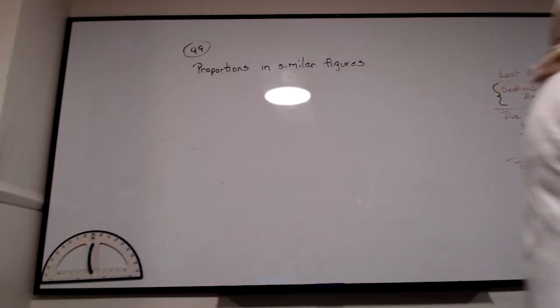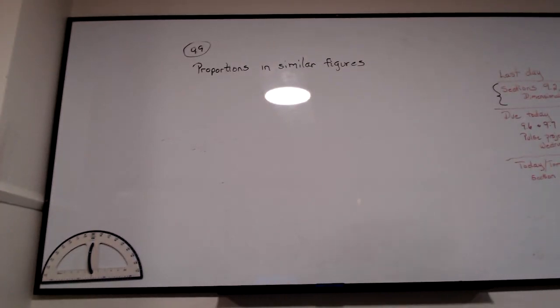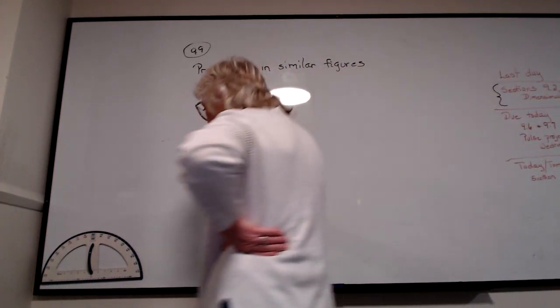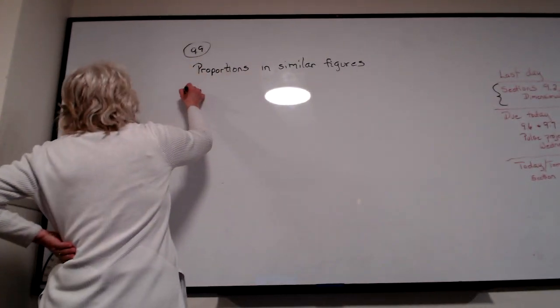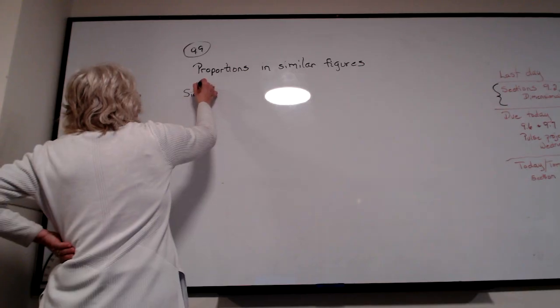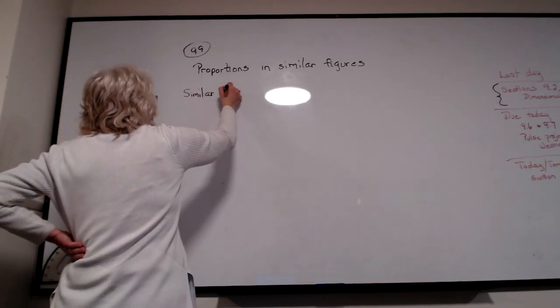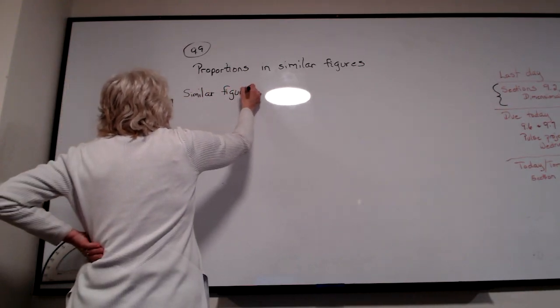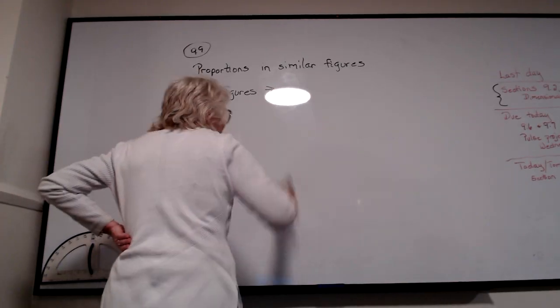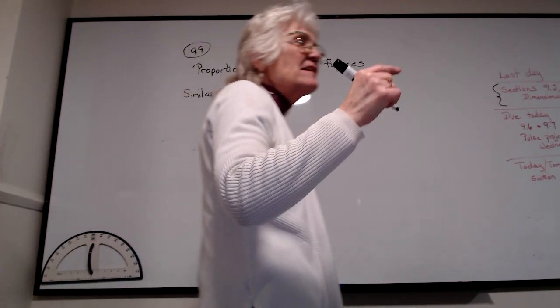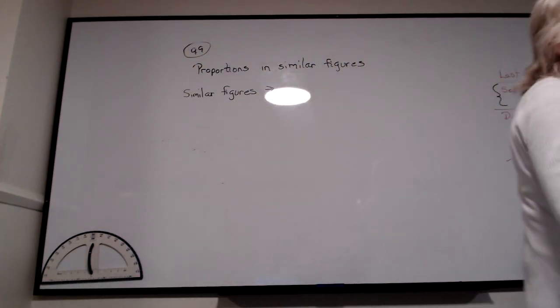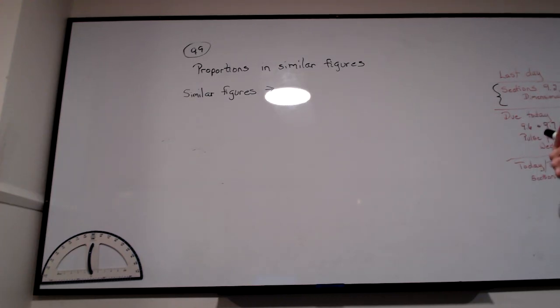Okay. So, first thing we need to do, we're talking about proportions in similar figures. First thing we need to do here is figure out what similar figures are. So when we talk about similar figures, we are talking about the exact same shape, not necessarily size.